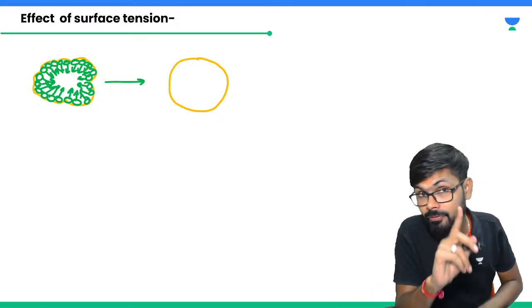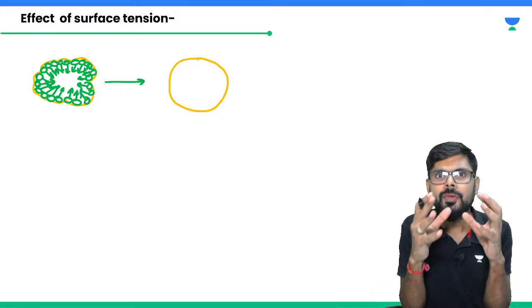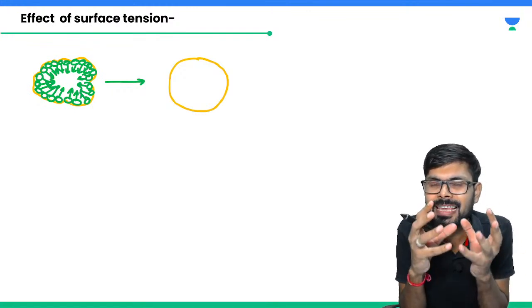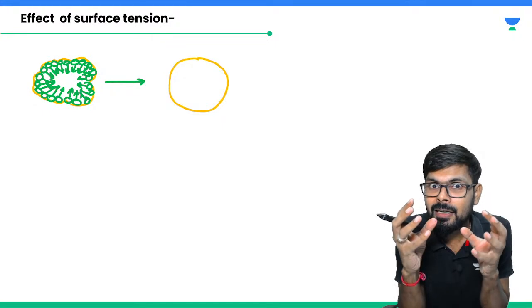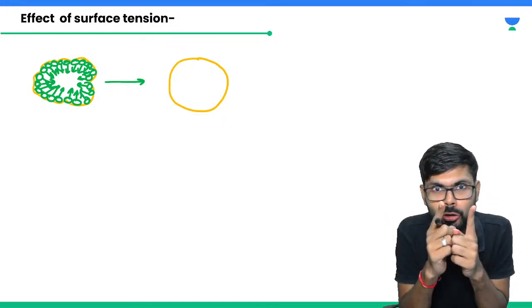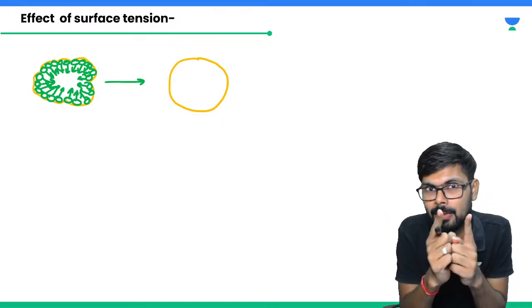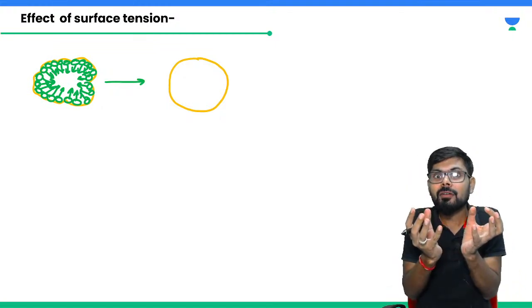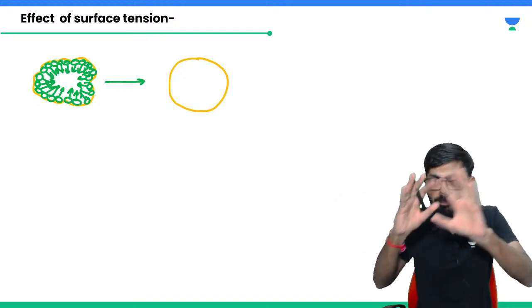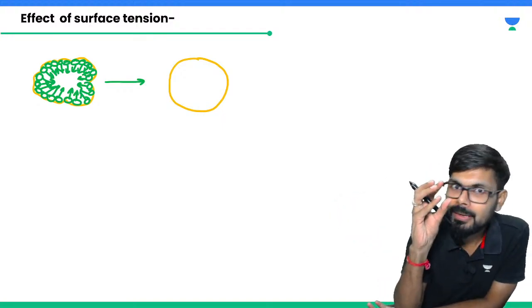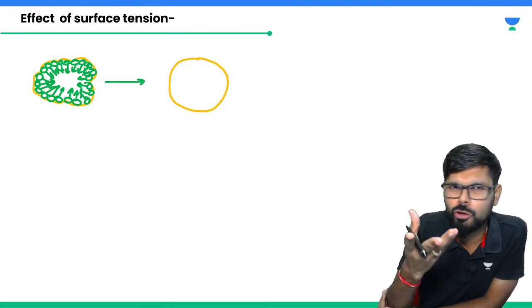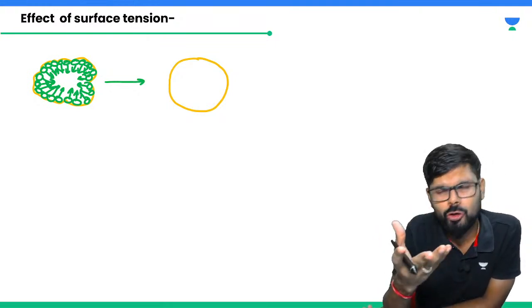Now listen here, very very important point. See, this bubble is, I'm going to tell you a very important concept, that the bubble is just like a balloon. Whenever a liquid bubble is there, either you say bubble or you can say liquid droplet, whatever it may be. Let's say liquid droplet first.